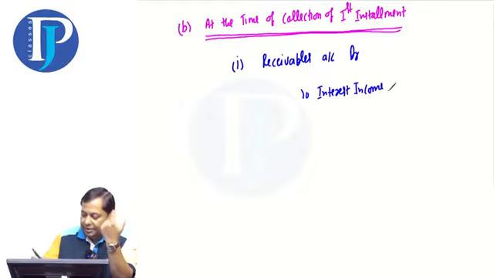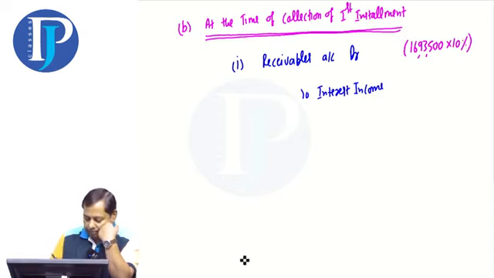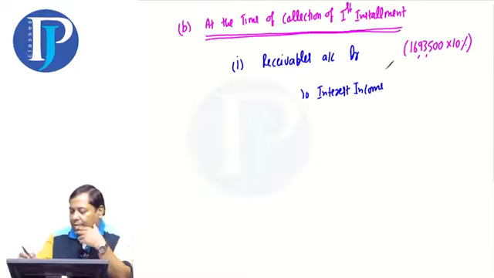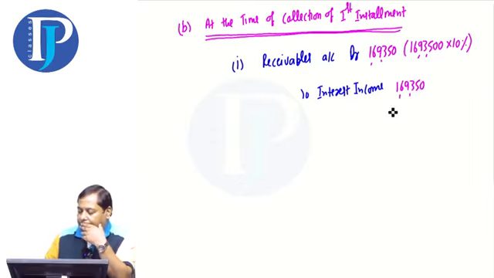How will this income come? 16 lakhs 93,500 rupees. You need to take 10% of this. 16 lakhs 93,500 into 10% gives 169,350.